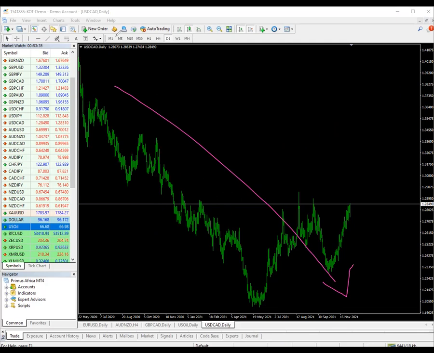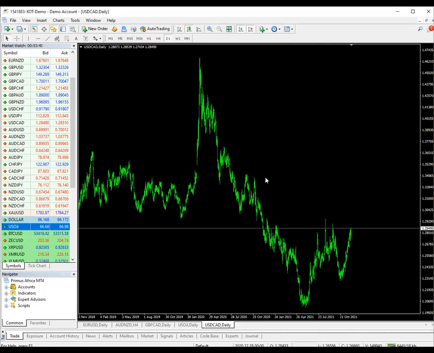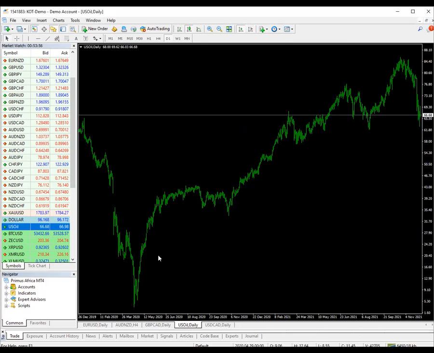Now you can see the difference. All down. Came all the way down. This is on daily time frame. All down. Why? Because prices of crude oil is going up. All up, all down.